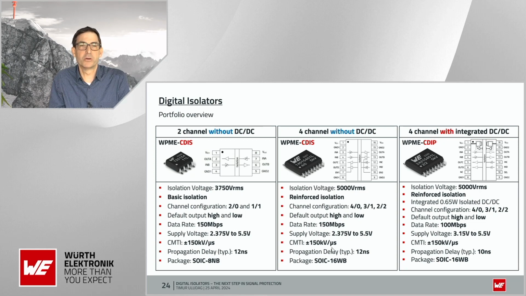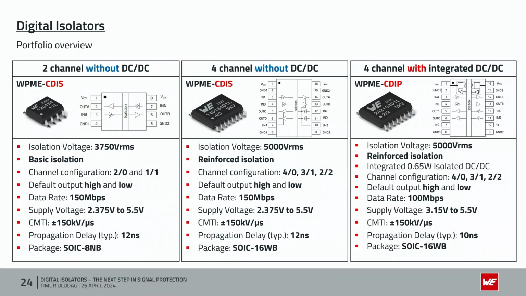We have got our CDIS. This is our standard digital isolator, without an integrated DC-DC converter. The CDIP you see on the right here. This P indicates powered, meaning here you have got an integrated DC-DC converter.